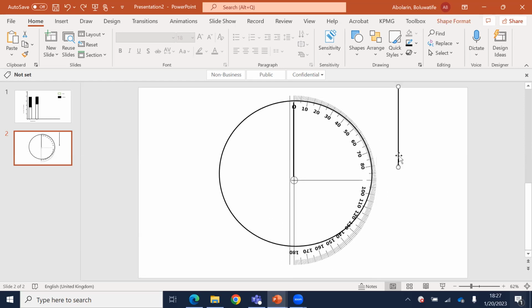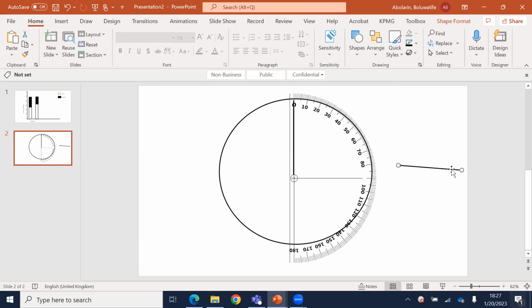So according to this line we have now, where is 108? This is where 108 is. Did you see it? Yes. Is it accurate?